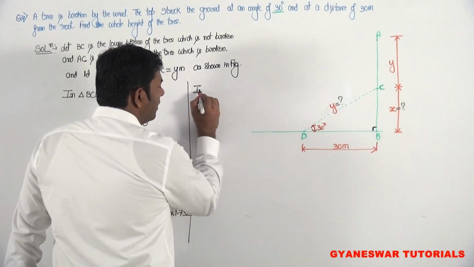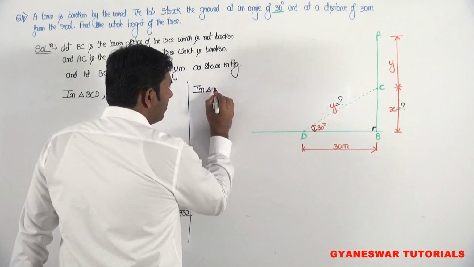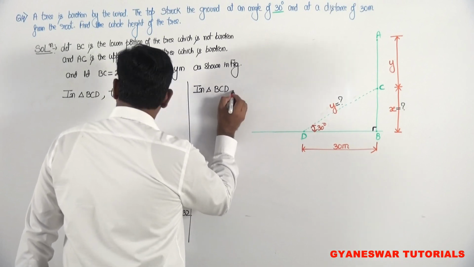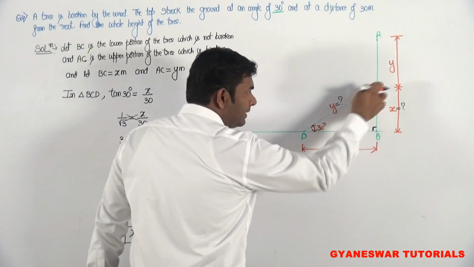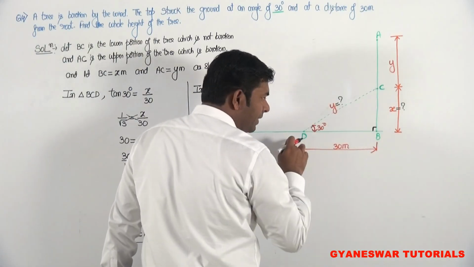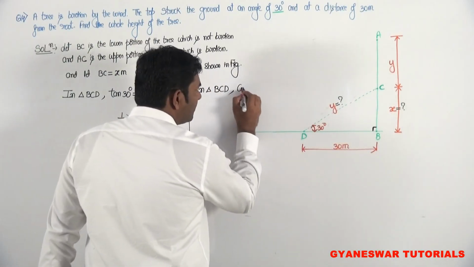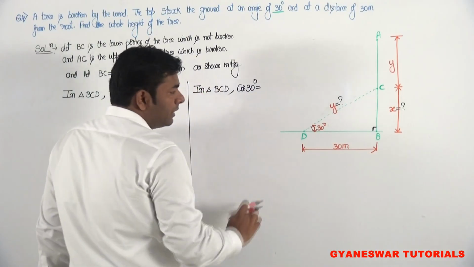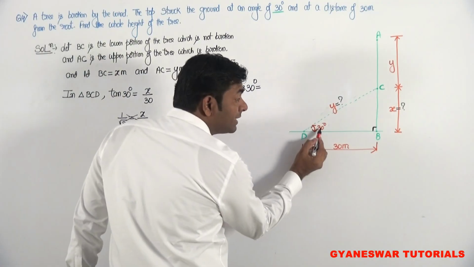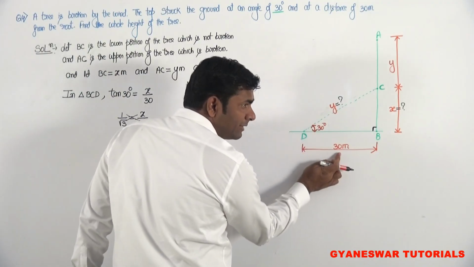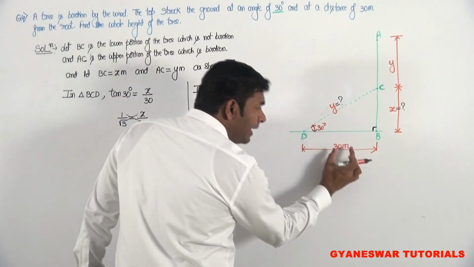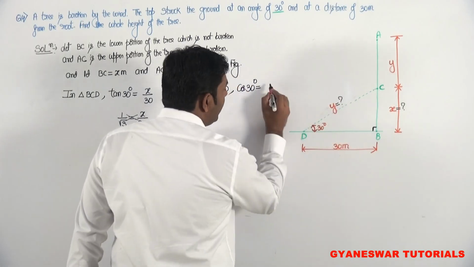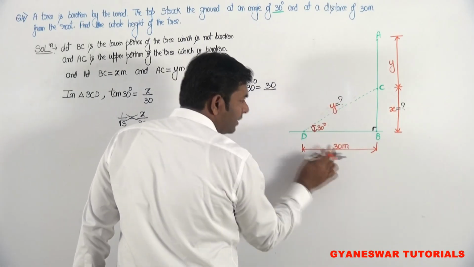So in triangle BCD, cos of this angle, cos 30 degrees, is equal to what? The definition of cos is adjacent by hypotenuse. It means 30 by y.